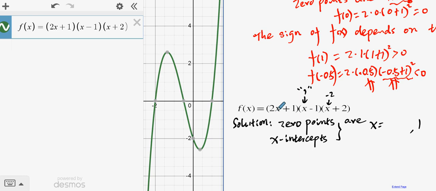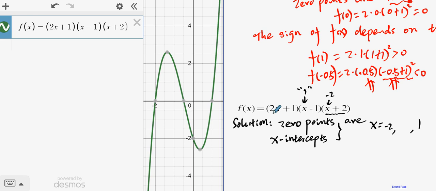And here 2 times -2 is -4, and then plus 1, you get -3 as well. But -3 times -3 times this quantity that is 0, so you got 0. So you actually have -2 as one of them.